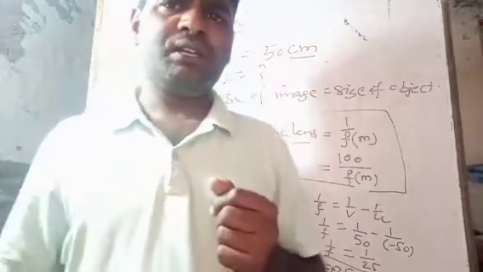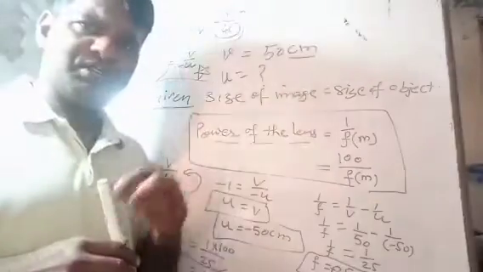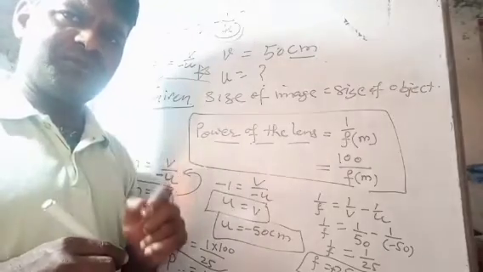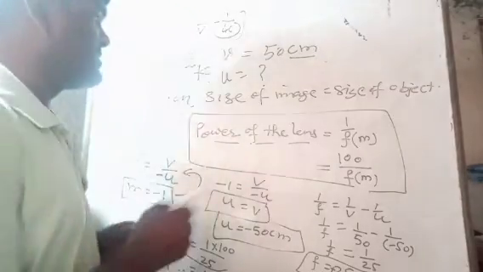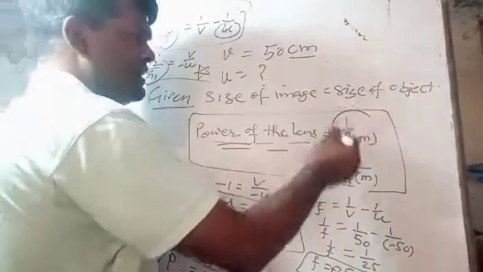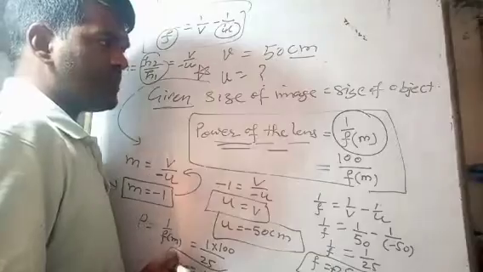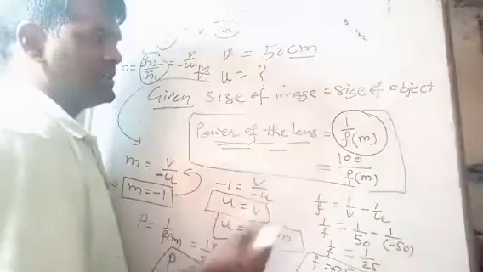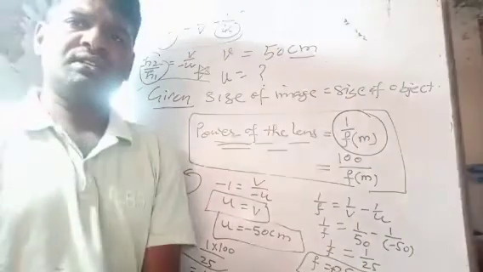Okay, my dear student, let's have a recapitulation of the last numerical problem, in which we discussed the power of a lens. The last article was power of a lens, and in meters it is given as 1 by f, where f is in meters.